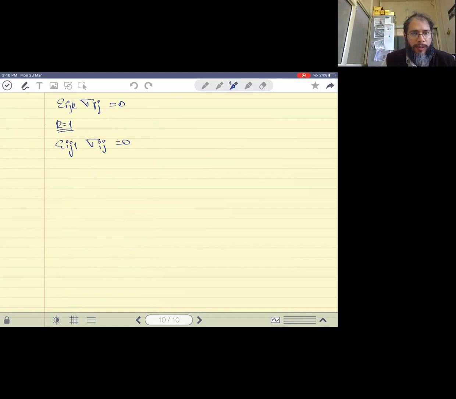In fact, if you expand this whole term, and since we already know that epsilon is 0 if any of the indices repeat, then the only indices we can have here are epsilon 2, 3, 1. So that's the expanded form.